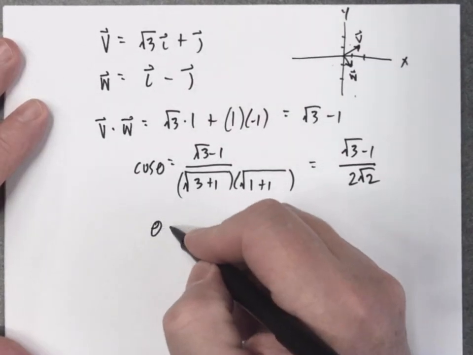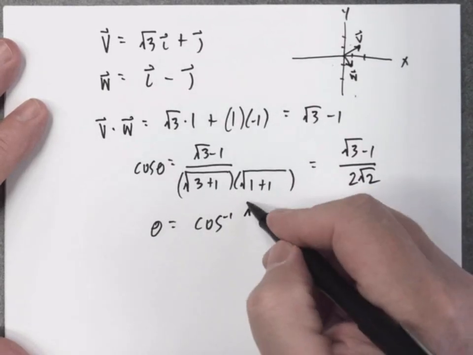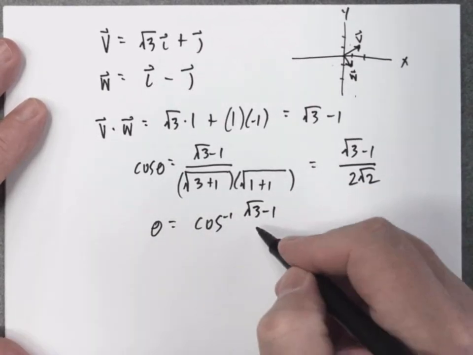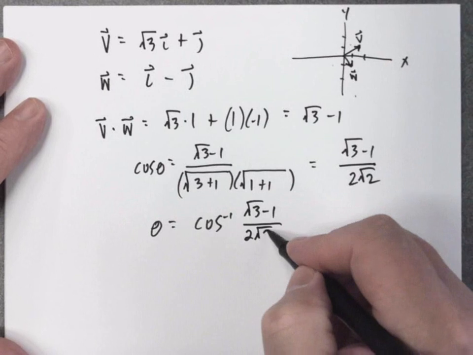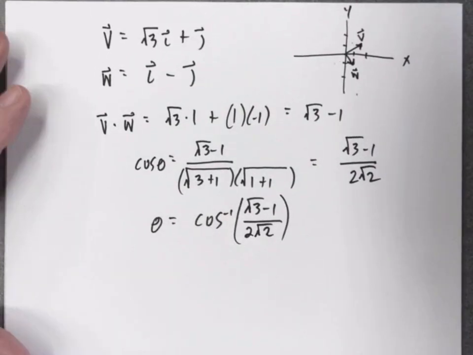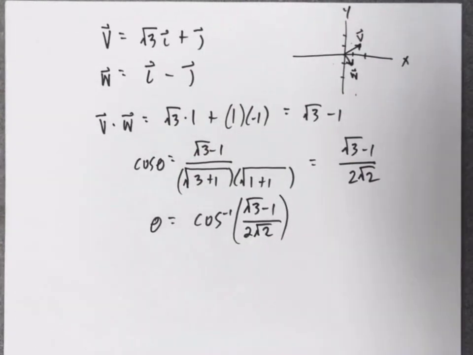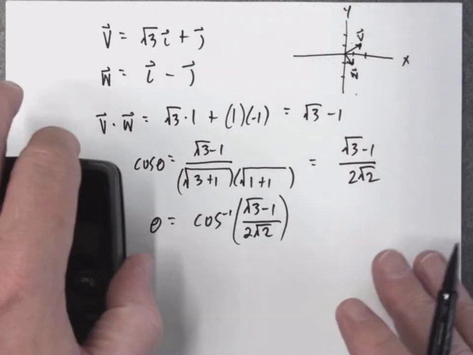So if I want to get the angle, what I have to do is, we could try to simplify it, see if it's a special angle, but let's just go ahead and grab our calculator. Now I'm going to take the inverse cosine, and I want the answer in degrees, so I make sure my calculator is in degree mode.